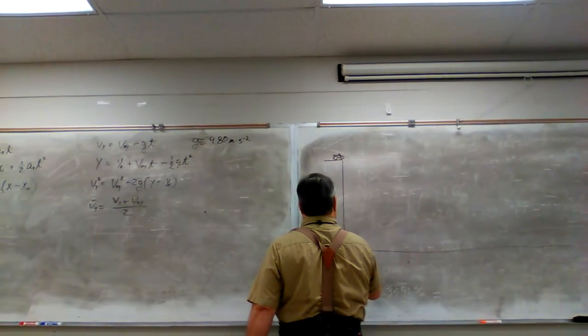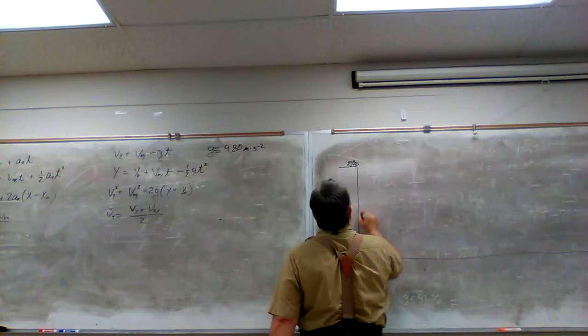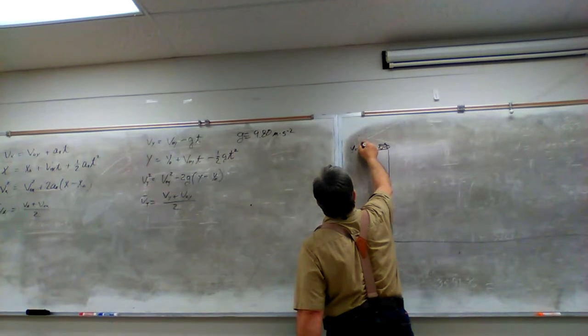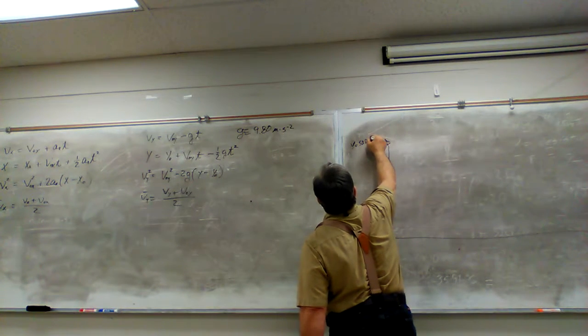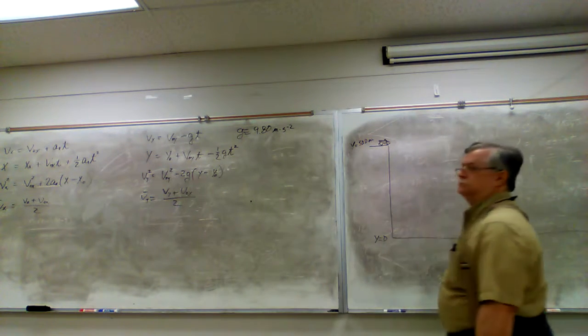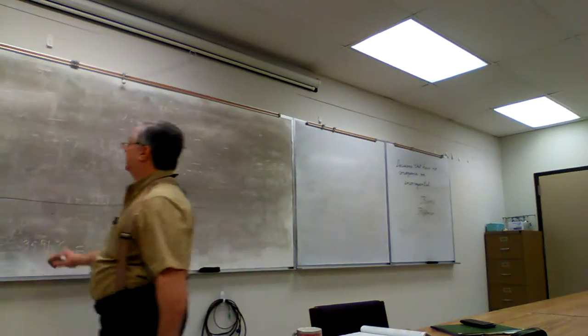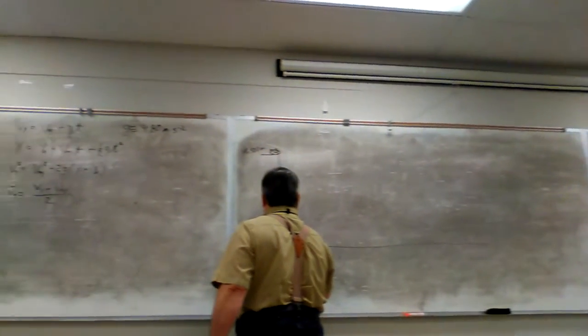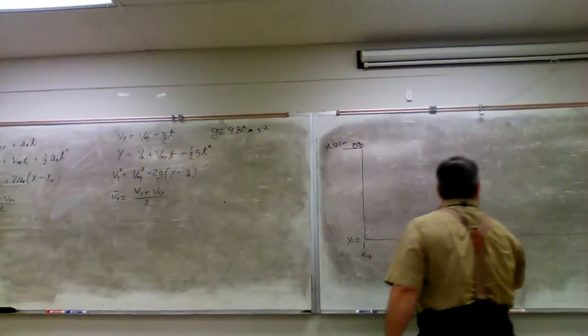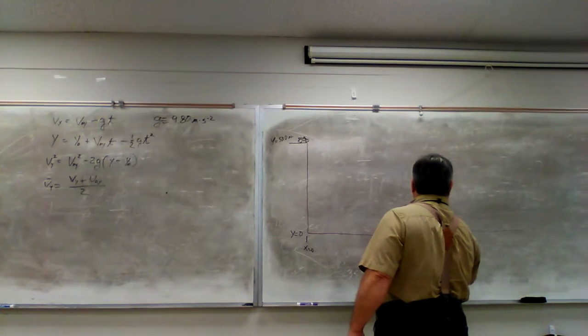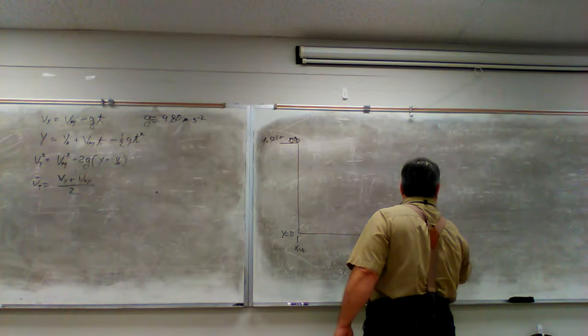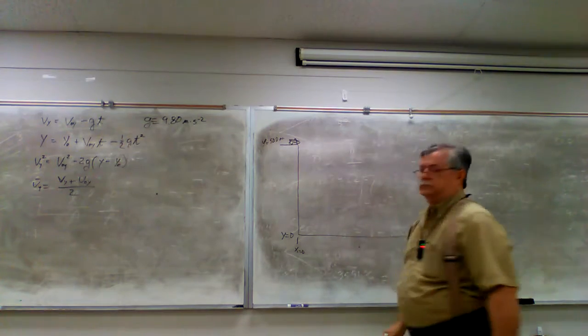If this is y equals 0, then this is y equals 50.0 meters. We know how far this motorcycle needs to travel. If this is x equals 0, it needs to travel here to x equals 90.0 meters.